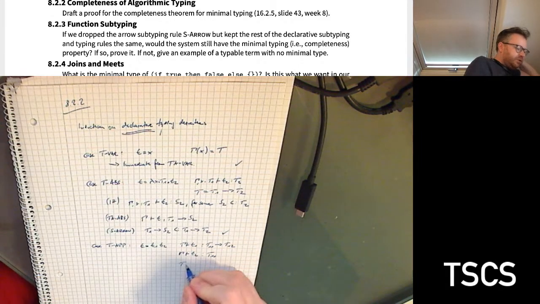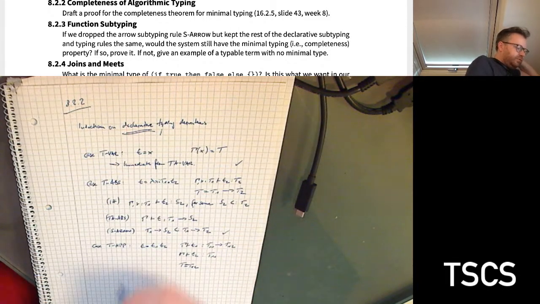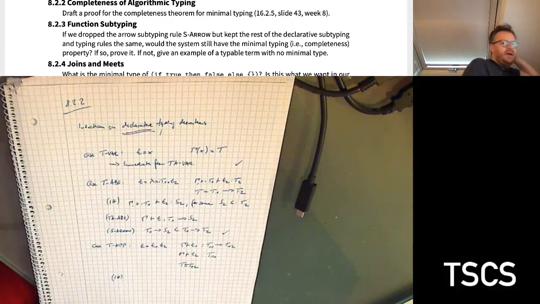And we also know that the output type of the whole term t would be t12, because it's the result of the function type. Good. Again, for the proof, we can use the induction hypothesis, the IH here.